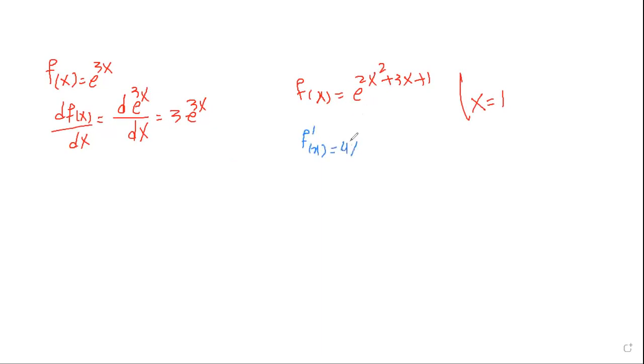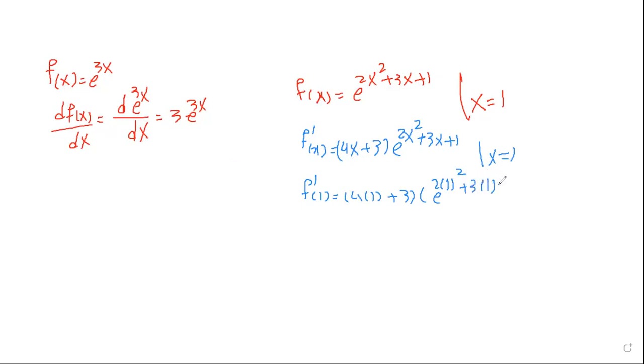For f(x) = 4x + 3, f prime of 1 is 4 times 1 plus 2 times 2, 1 plus 3, then 4 plus 3 is 7, e... what is this?